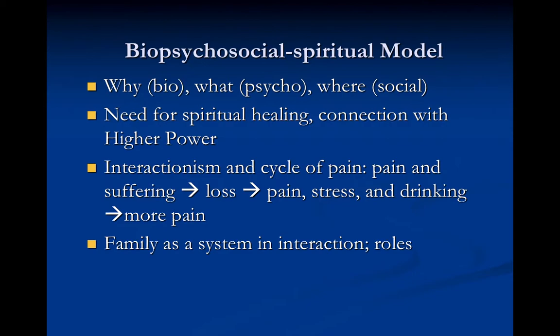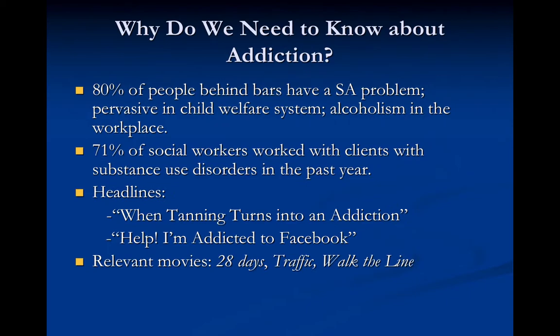It's not I did this, and then I do this, and then I do this. It's very much a cycle. Okay. We're going to be spending a great deal of time talking about the family as a system, or as dominoes, and the roles and the interaction, and what recovery looks like as a family.